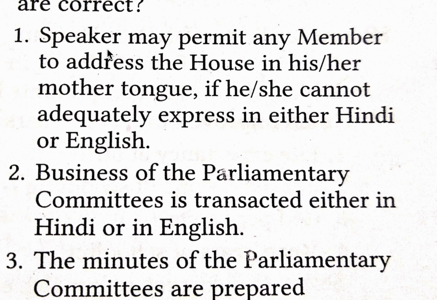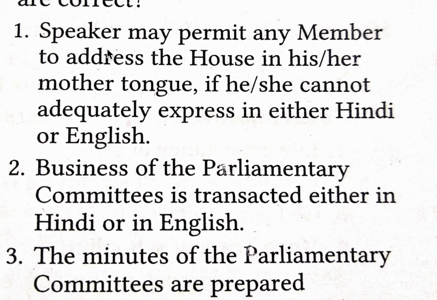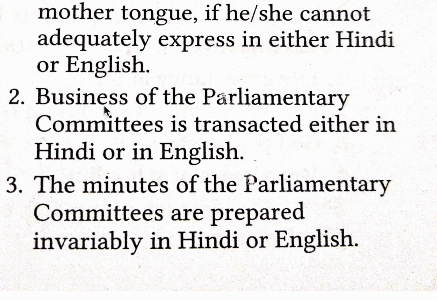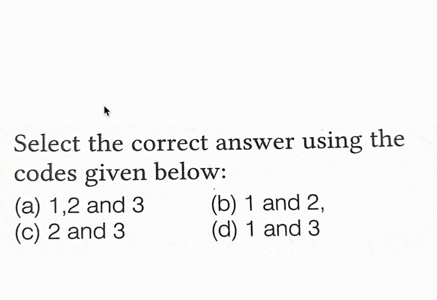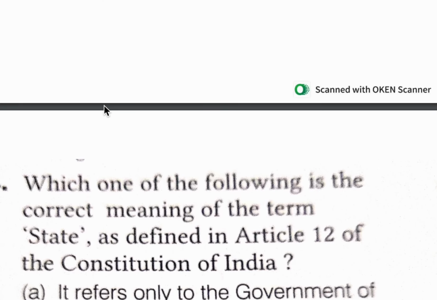So option 1 is correct. Next one is, business of parliamentary committees is transacted either in Hindi or English. So the second statement is also correct, and the minutes of the parliamentary committees are prepared invariably in Hindi or English. So all these statements are correct. So 1, 2, 3 are correct. So option A is the correct answer.